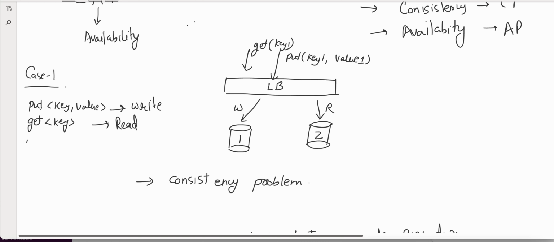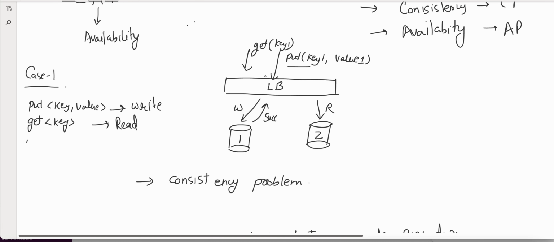Put puts a value with key 1 and value 1, and then the get query tries to get that value with key 1. Now let's say the put query goes to node 1, it writes it and returns the success response to the client that you have already written it, we are good to go.